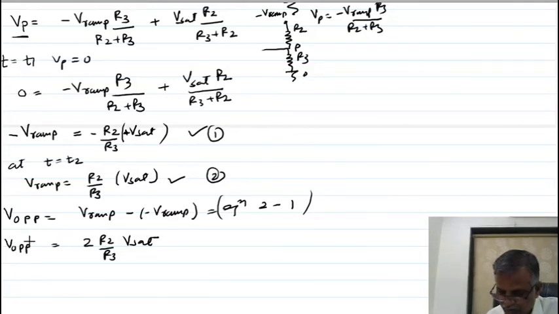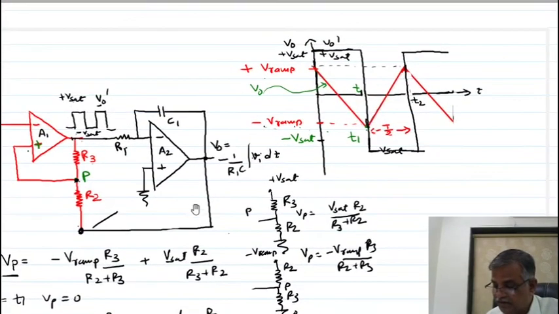My output voltage peak to peak means from this point to this point. This is called peak to peak. So what I did is find my V ramp voltage, then find my positive V ramp voltage.